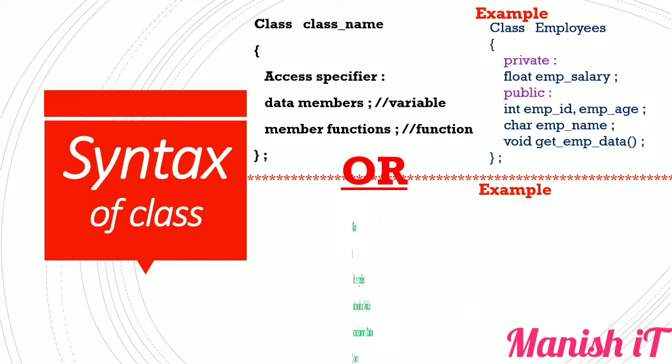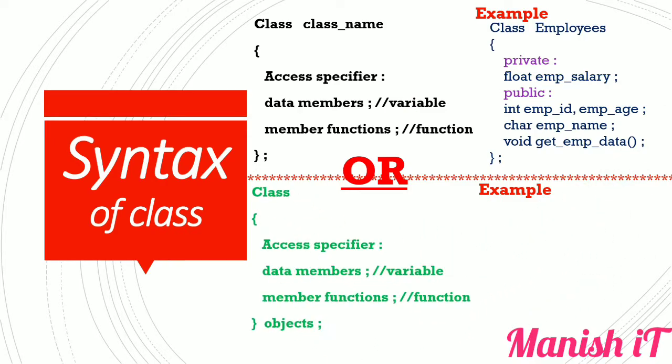See another way we can write our class. It is not compulsory to write your class name. The rule is, when the class name is not declared, the member functions must be defined inside the class, and objects should be declared just before completing the class.